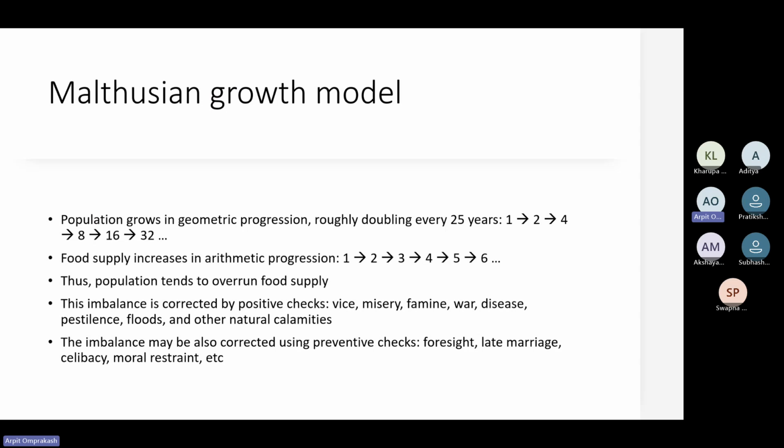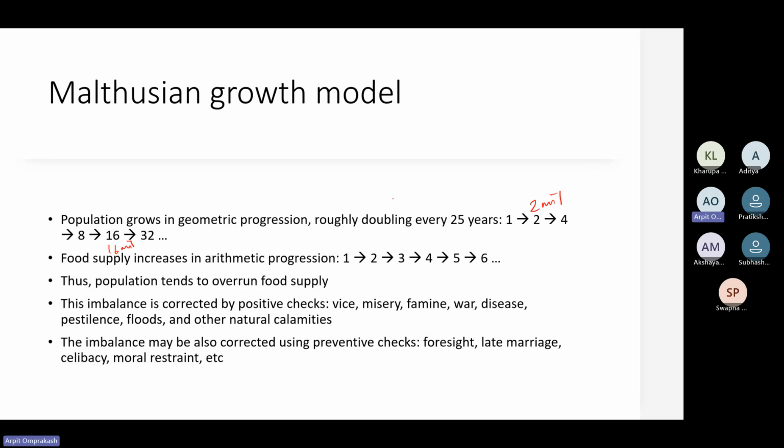Thus he says that population tends to overrun the food supply. So let's say in the second year we have 2 million individuals here, and in the third, fourth, fifth year, we have 16 million individuals.